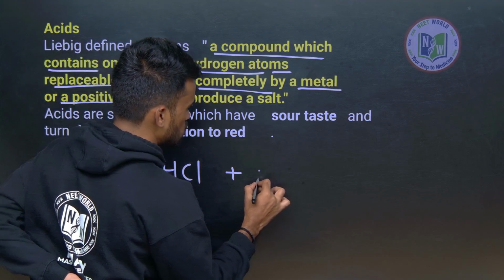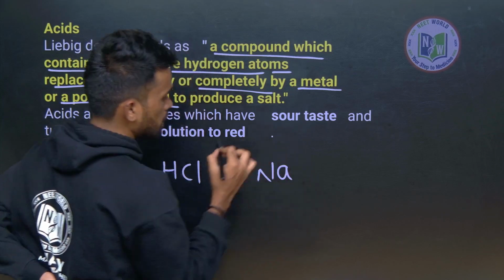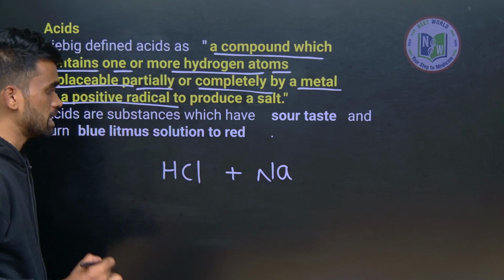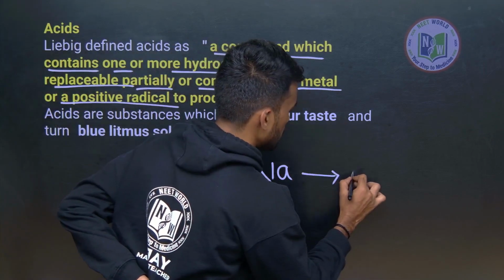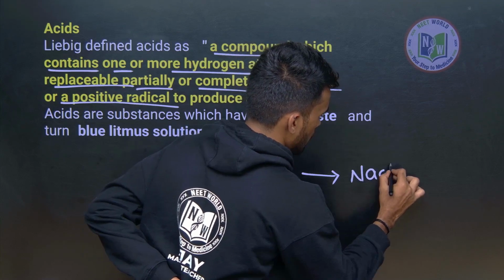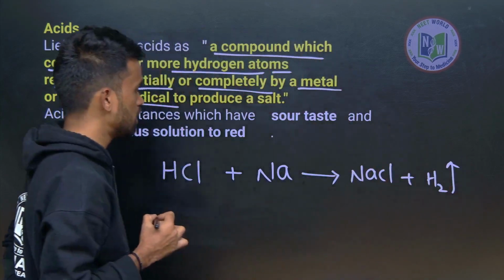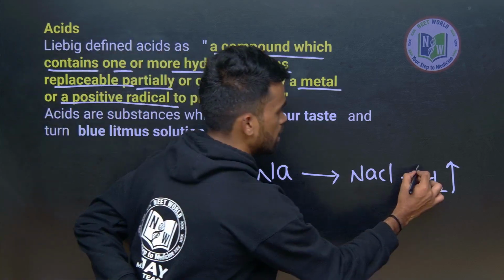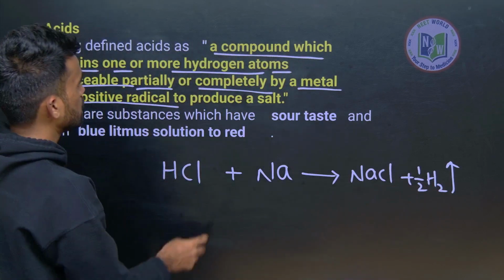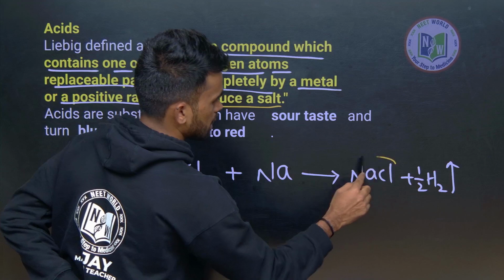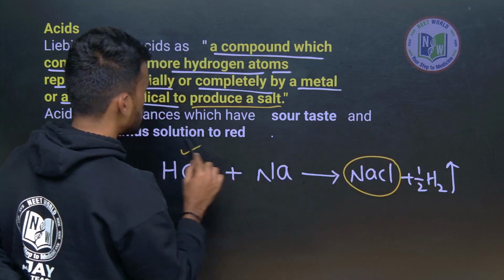Upon treating this with sodium metal, what happens here? It liberates H2 gas and NaCl is formed. This is the basic reaction, right? NaCl is a salt, so that is what he is saying.